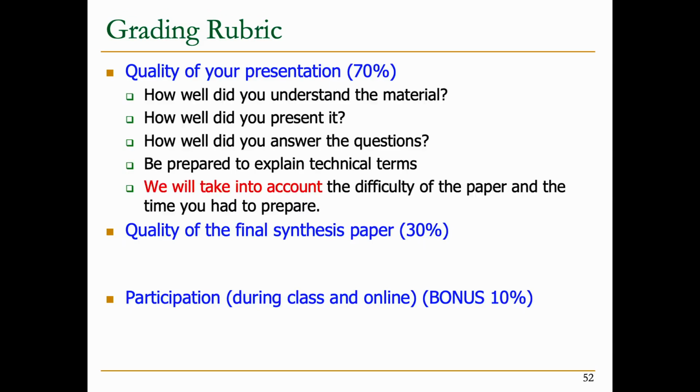Those 70% points will be awarded based on how well you understood the material you presented, how well you presented it, how well you answered questions from the audience, and being prepared to explain technical terms. As I mentioned, some papers are irrelevant to the audience's background, so you need to explain everything and introduce the topic before you start the paper itself.